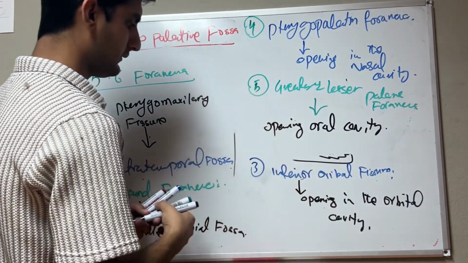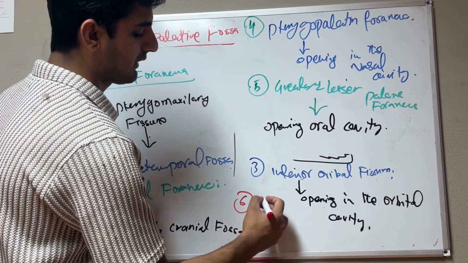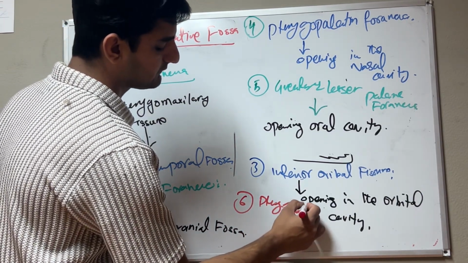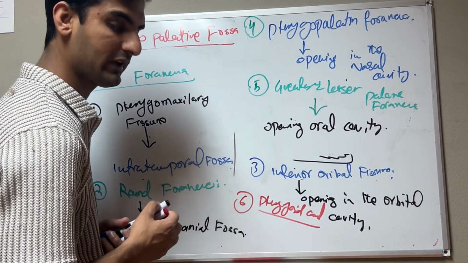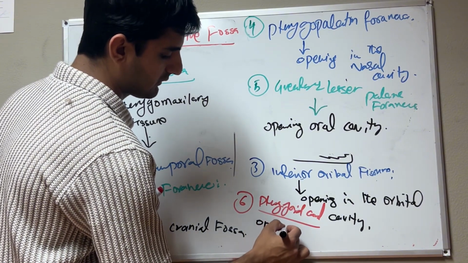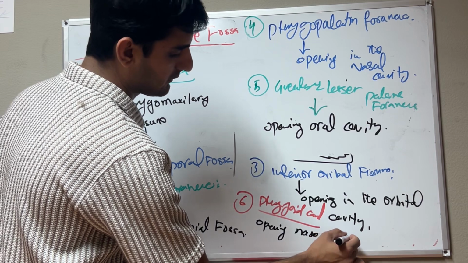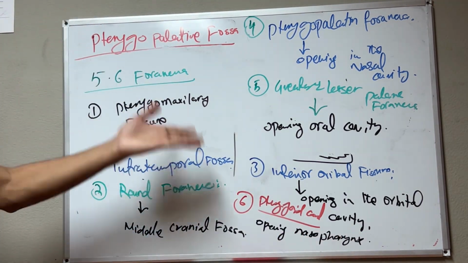And the sixth one, sometimes 5 or 6, the sixth one is the pterygoid canal, which opens into the nasopharynx. These are the 5 to 6 foramina in the pterygopalatine fossa.